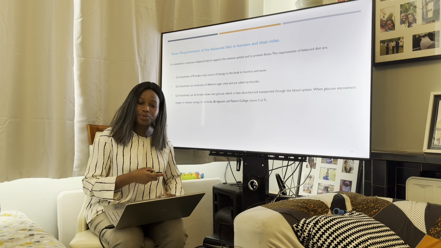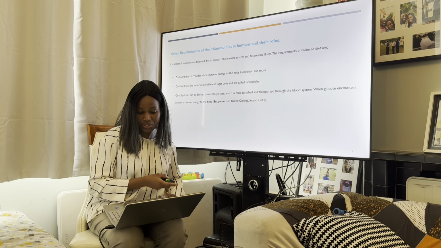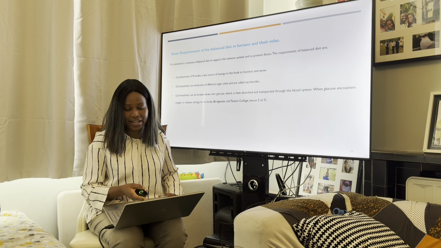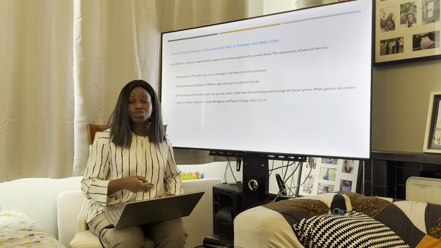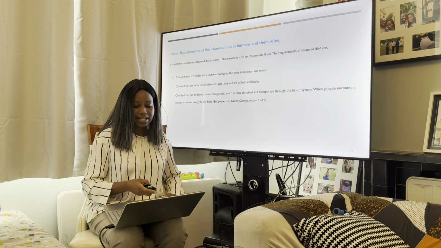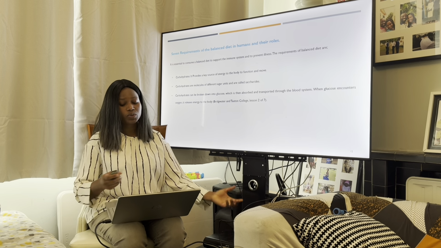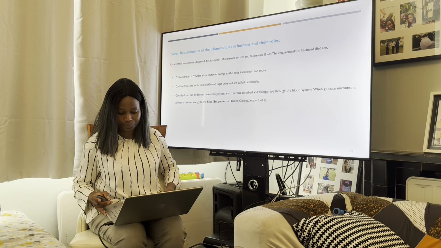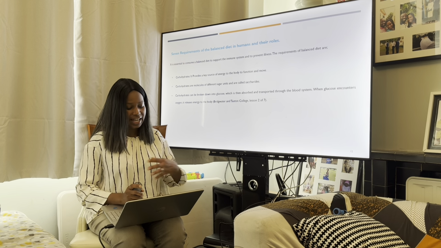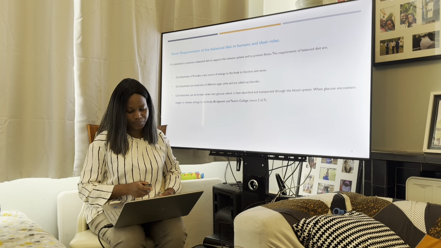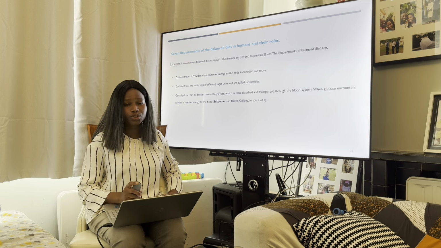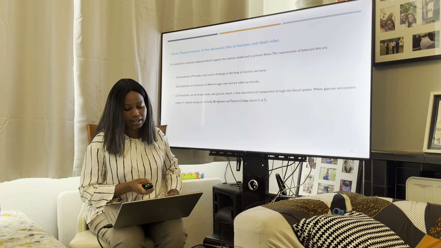Carbohydrates are molecules of different sugar units and are called saccharides. Carbohydrates can be broken down into glucose, which is then absorbed and transported through the bloodstream. When glucose encounters oxygen, it releases energy to the body, and is cited from Bridgwater and Taunton College, lesson 2.